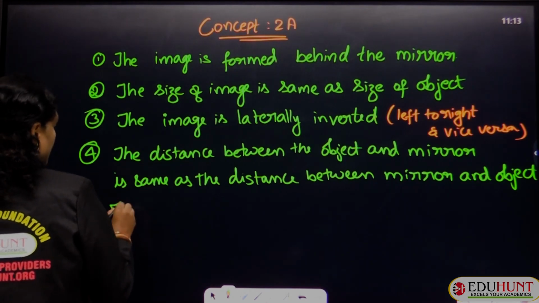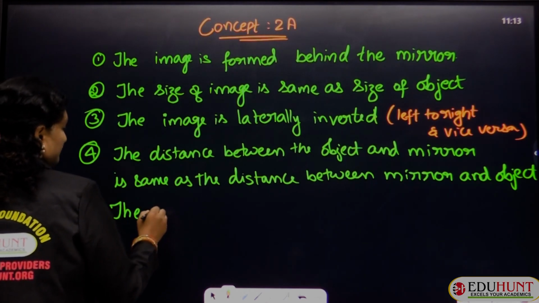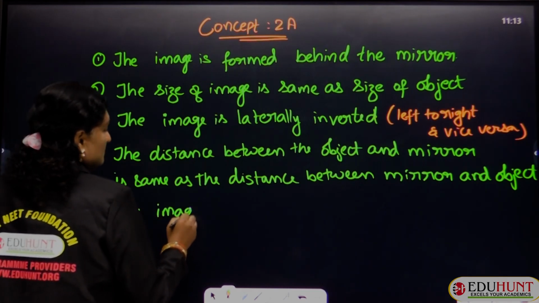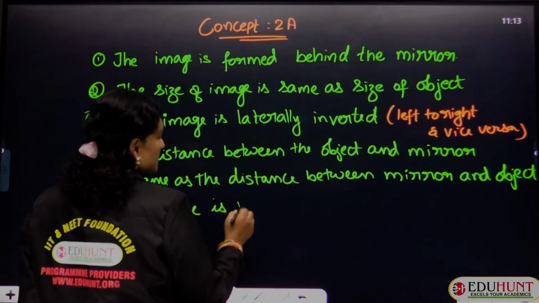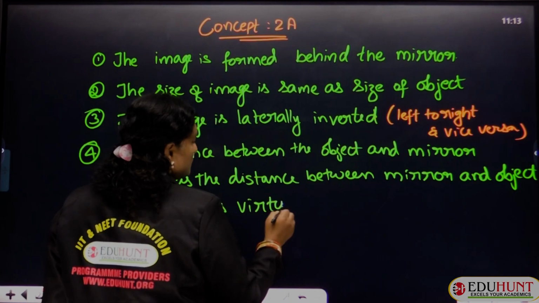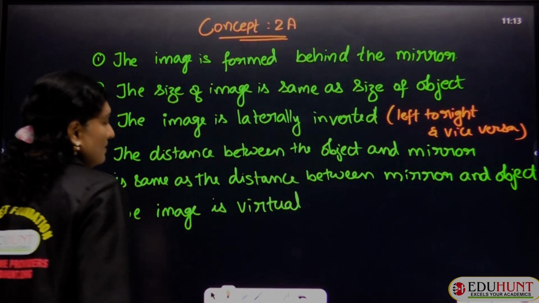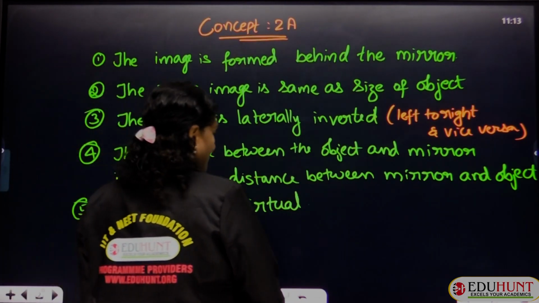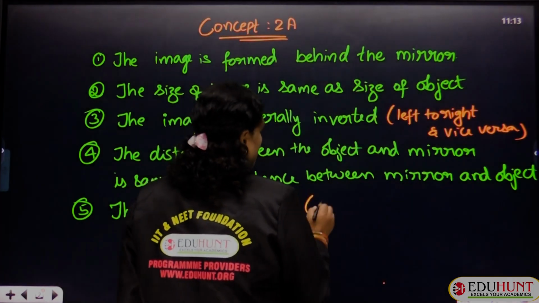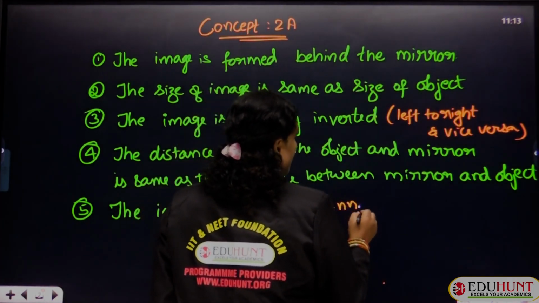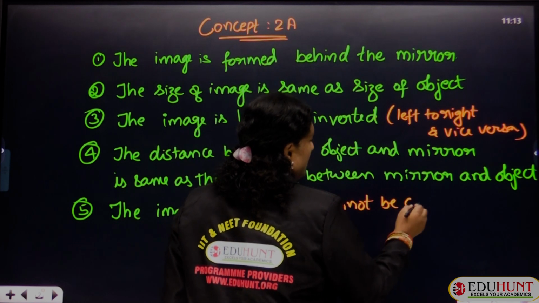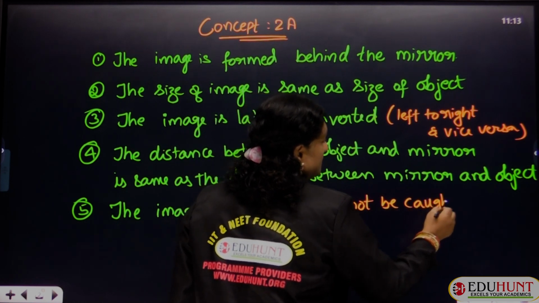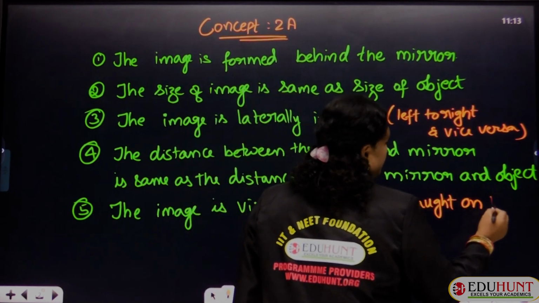The image so formed is virtual. Meaning of virtual? It means it cannot be caught on the screen.